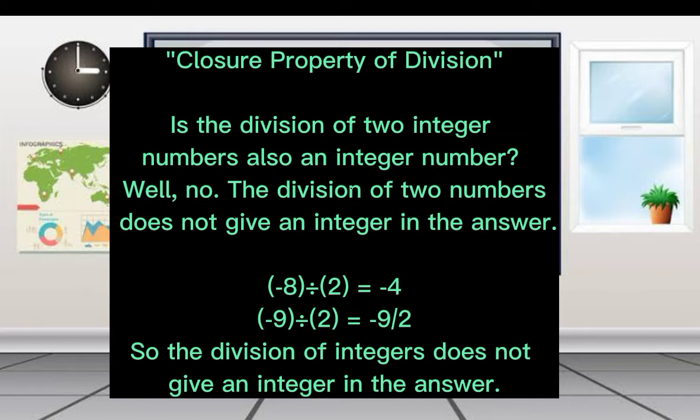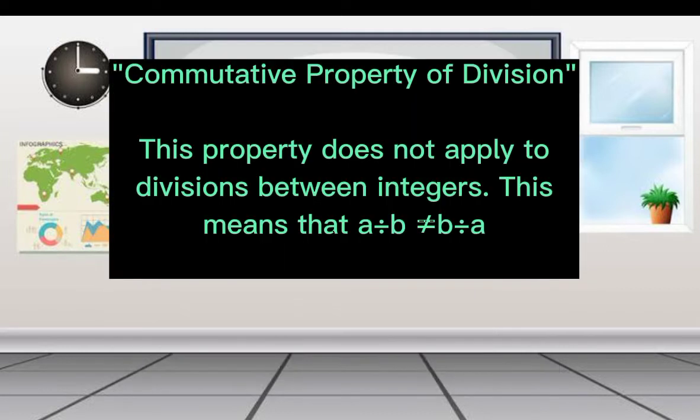So the division of integers does not always give an integer in the answer. The other one is the commutative property of division. This property does not apply to division of integers. This means that a divided by b is not equal to b divided by a.